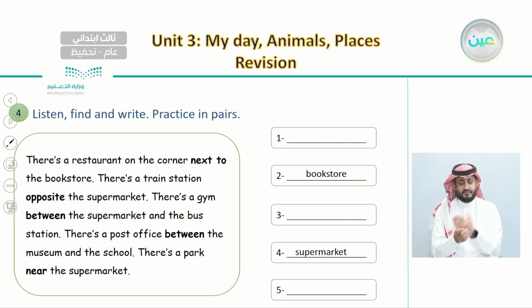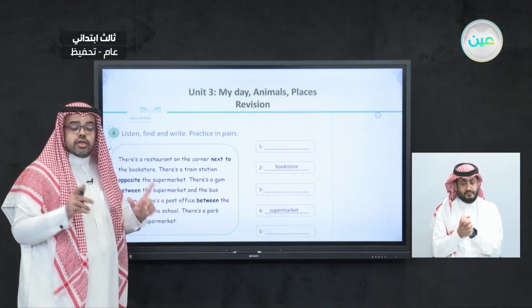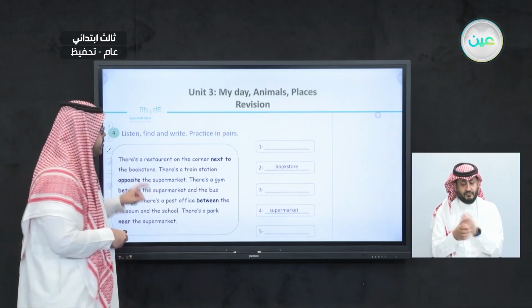So let's start. There is a restaurant on the corner next to the bookstore. Here we have the first place we're going to write. Let's read the first sentence again.